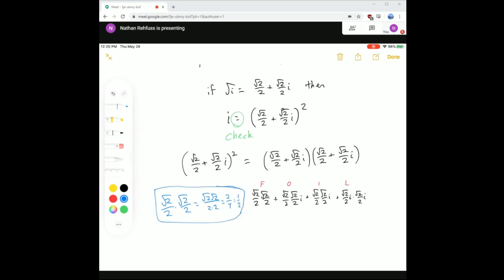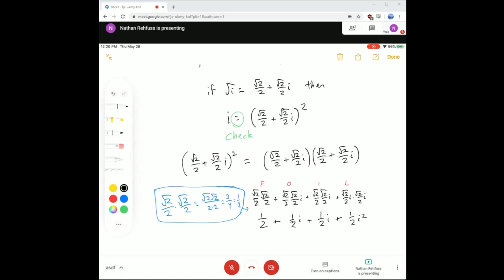So using this on all four terms here, this is 1/2, this is 1/2 i, this is 1/2 i, and this is 1/2 i squared. Because it's 1/2, 1/2, 1/2, 1/2. So this is 1/2, 1/2 times i, 1/2 times i, 1/2 times i times i.